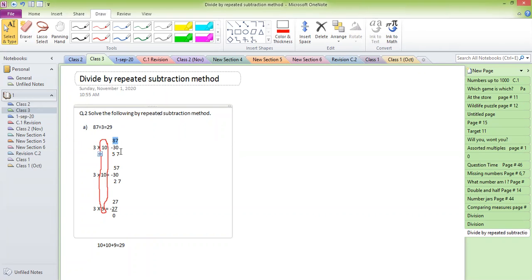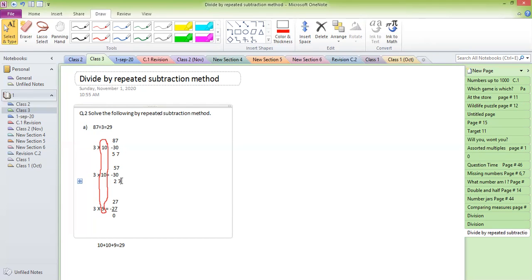Now check, can you multiply the divisor 3 by 10 and subtract again? Yes, because it is 57. Again multiply 3 by 10, 30, and minus from 57. Now it becomes 27. Now check again, can you multiply the divisor by 10 right now? No, because it is 27, and 3 multiplied by 10 will give you 30.